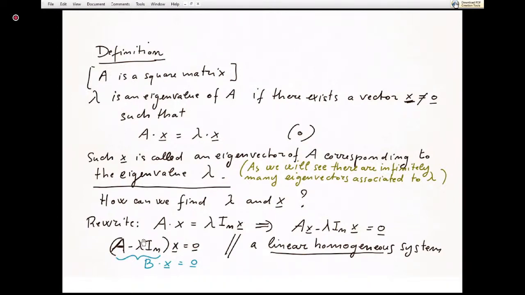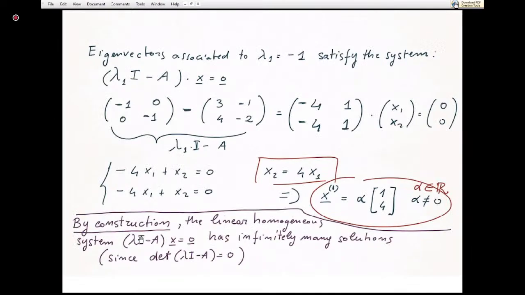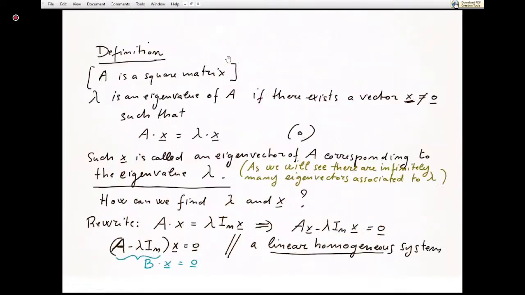So if we use these numbers, minus 1 and 2, we will necessarily have a system with infinitely many solutions, okay? So this is really easy. It is enough to solve this system in which A is given, replace the lambda just found, build the matrix B equal to A minus lambda identity, or lambda identity minus A, and solve the system.